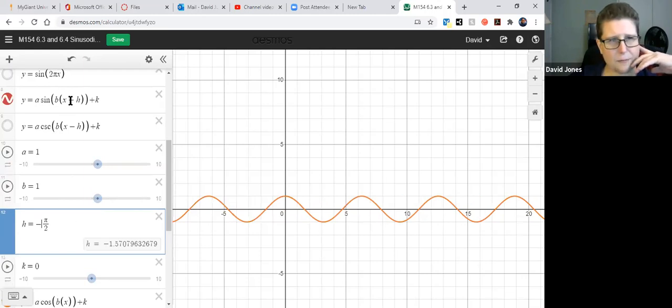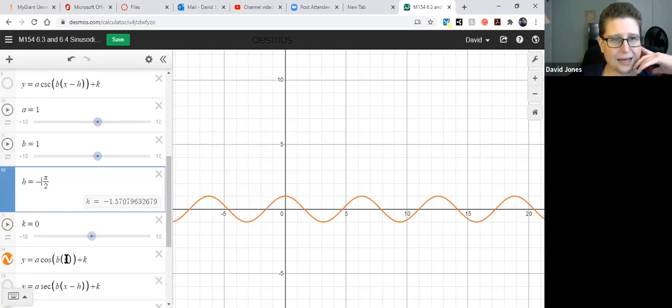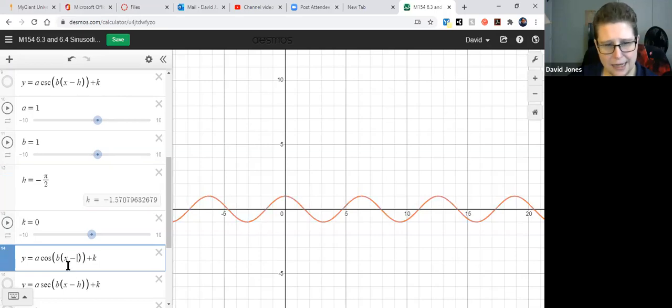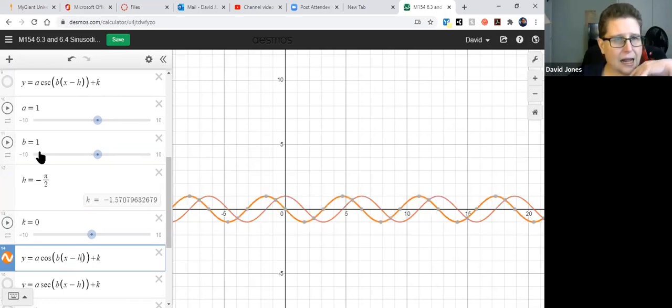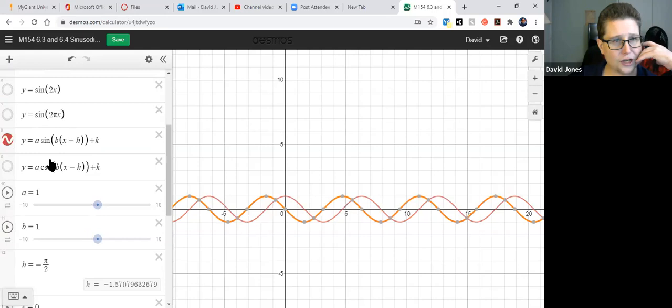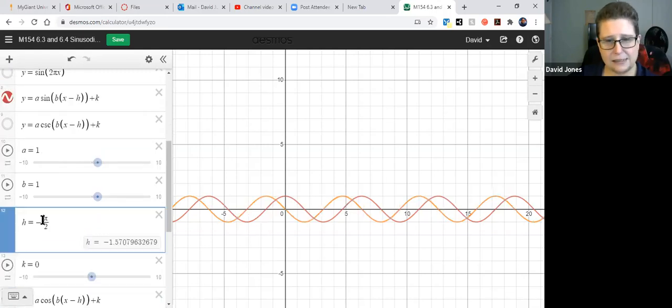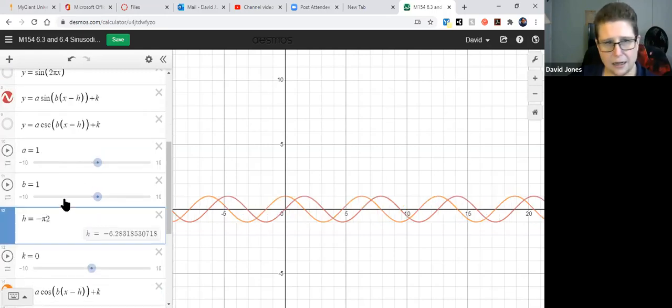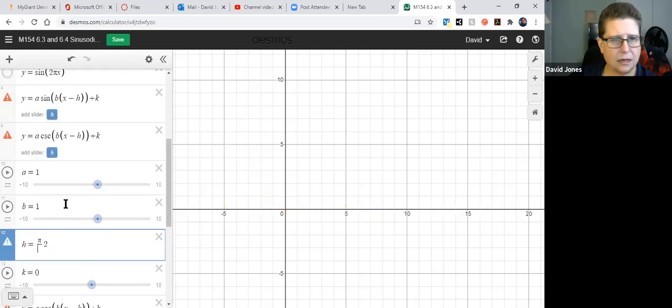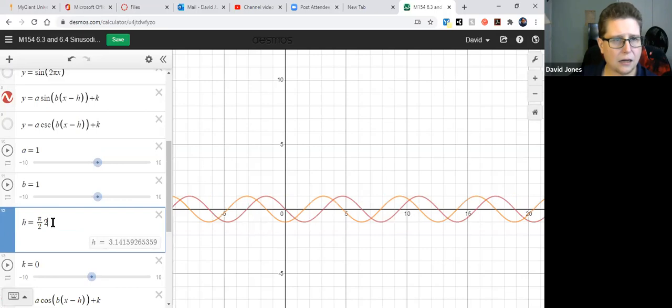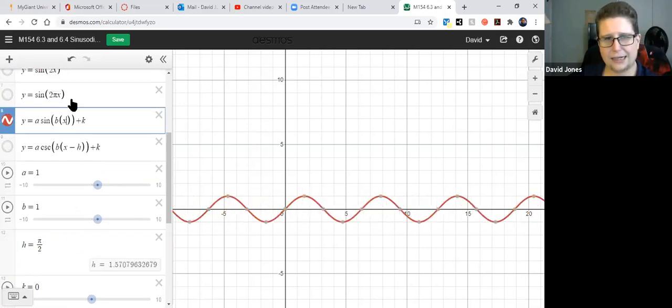Sine of x plus, this makes it plus, x plus pi over 2 is the same thing as cosine of x. And if I put that back in, and I change this to positive, and I make that regular sine, you see the same thing I said earlier.